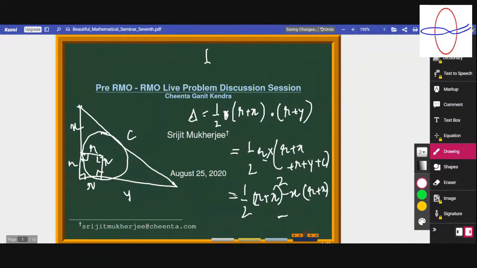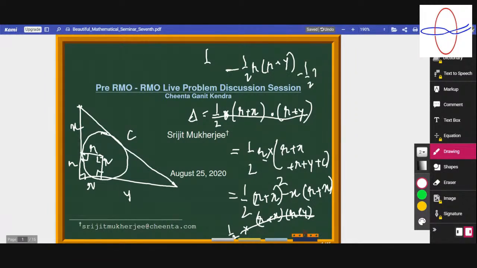Plus R plus X into R plus Y, half into R plus X plus R plus Y into R plus Y, which will get cancelled. This will get cancelled from here, and you get R plus R into R plus Y minus of this, minus of R into... Oops, I'm doing something wrong.